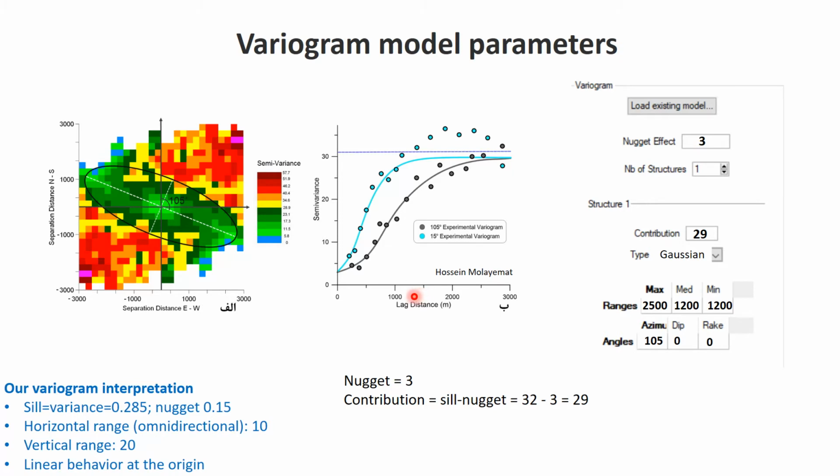In order to input all this information, I need to look at what I know, for example, in our case, that the vertical is the largest direction of continuity. As you remember, in our variogram calculation, we calculate variograms in various directions. So typically what we're looking for is in which direction I see the largest range, and in which direction I see the smallest range. If I calculate variograms in various directions, this is a variogram map, which is something we'll discuss in greater detail when we look at variogram modeling.